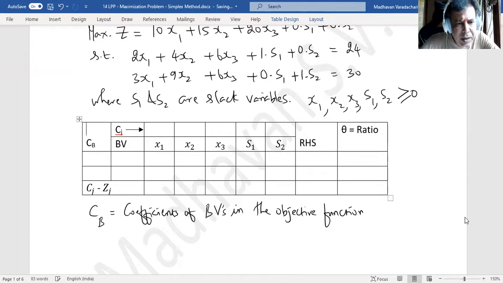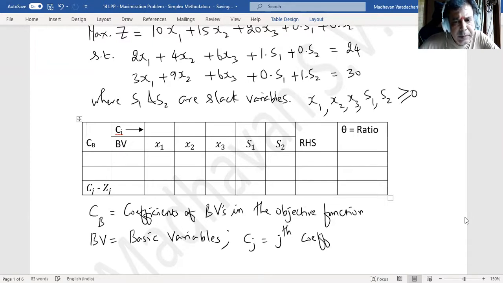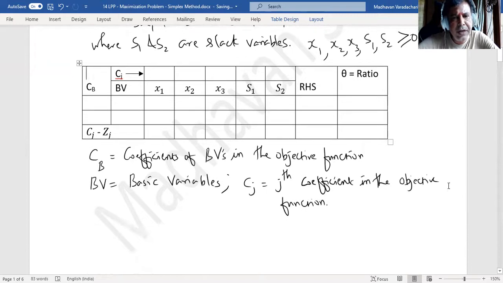BV is basic variables. CJ is the jth coefficient in the objective function.